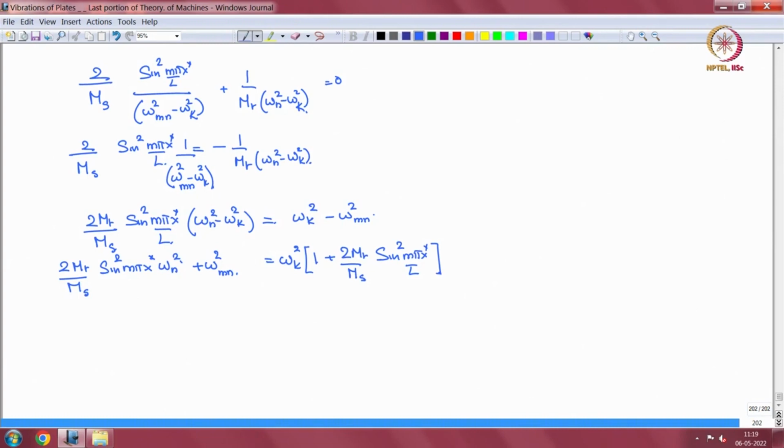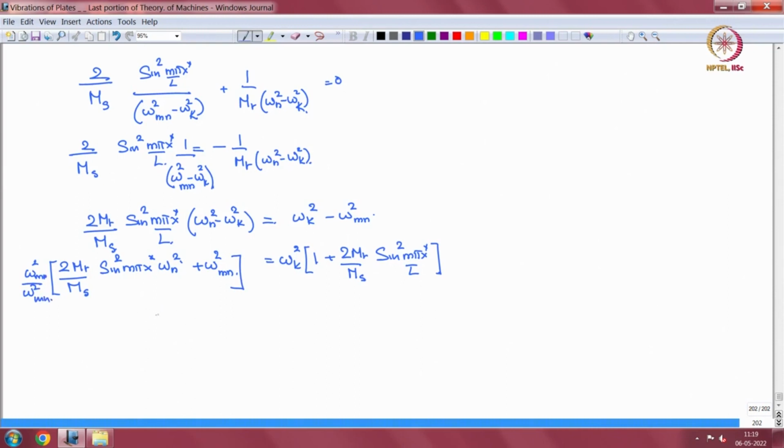Okay. So if I divide this and multiply by omega square mn, okay, so what do I get?